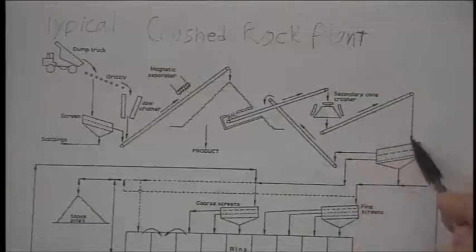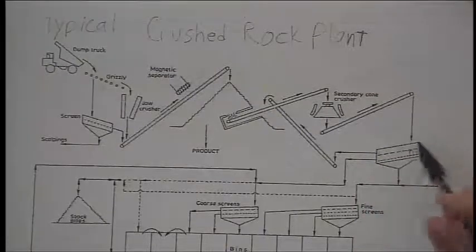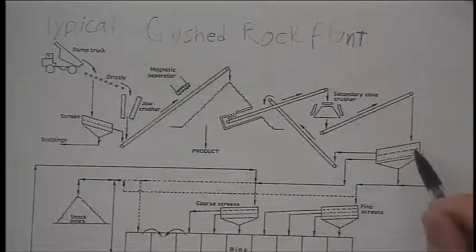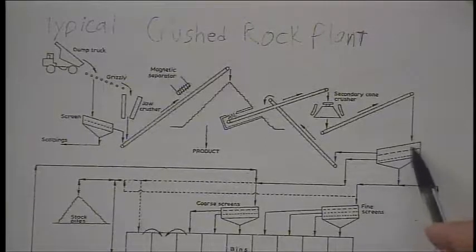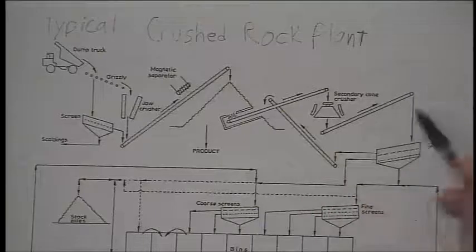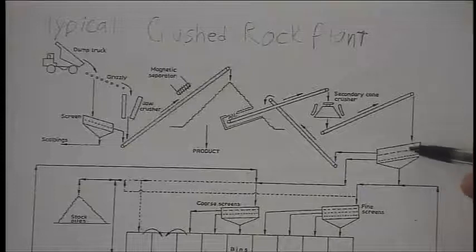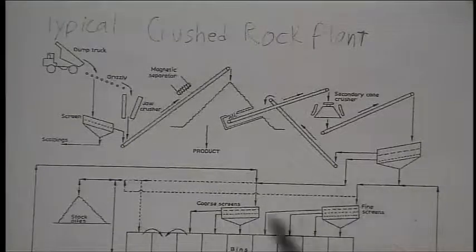Then they start sieving the rock throughout all these screens. Sometimes if it's too big, it'll go back through this loop and get crushed again. You might have a sieving process here, and then it'll go down, and you may have some more sieving here and here.